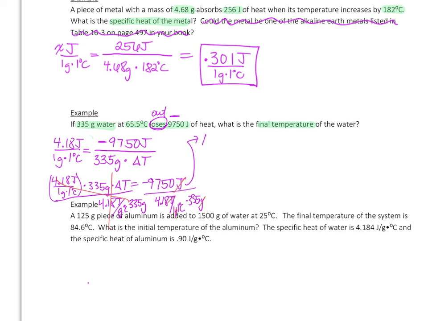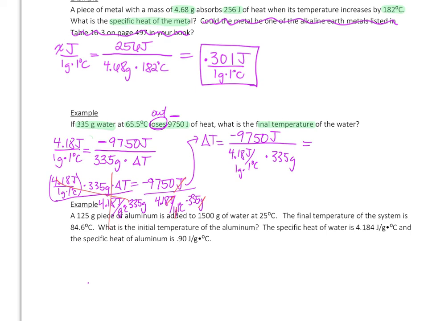It's getting a little messy, so let me rewrite this. Delta T is going to equal negative 9,750 joules over 4.18 joules per 1 gram, 1 degree Celsius, times 335 grams.